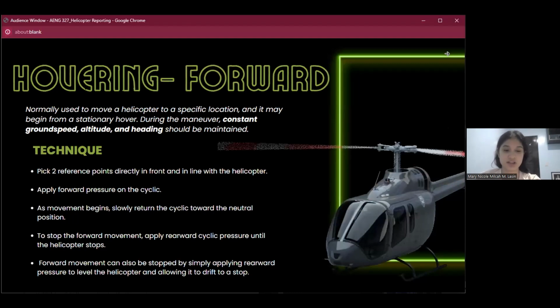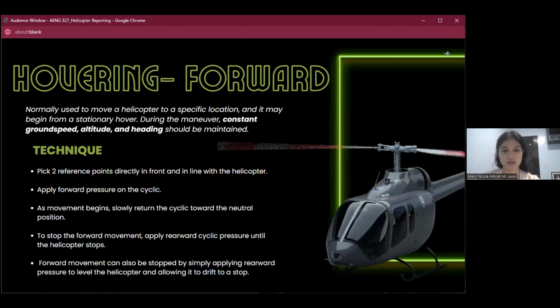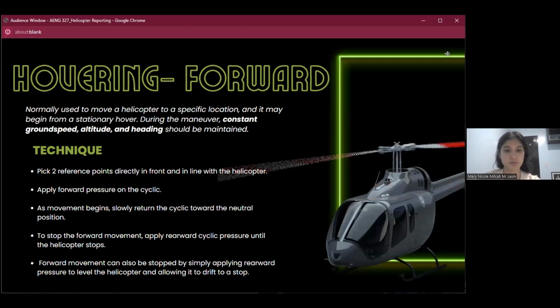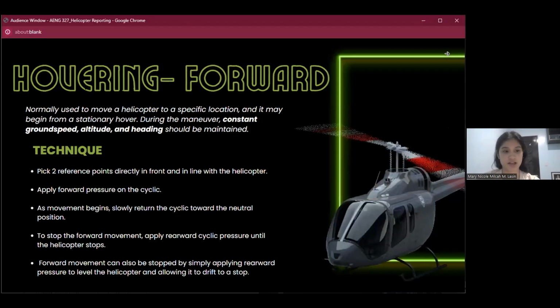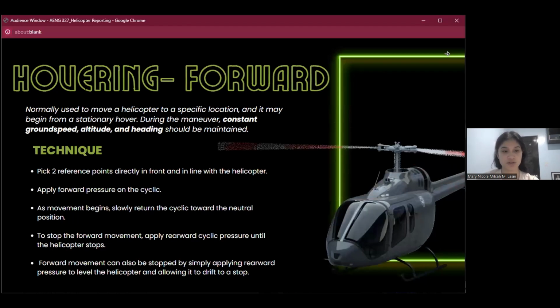So what is the technique to do the hovering forward? First is to pick two reference points. This would tell the pilot whether he or she is moving in a straight line while moving forward. After picking a reference point, forward pressure is applied on the cyclic, and while moving, it is slowly returned to neutral. This is to prevent the helicopter from moving too much forward.